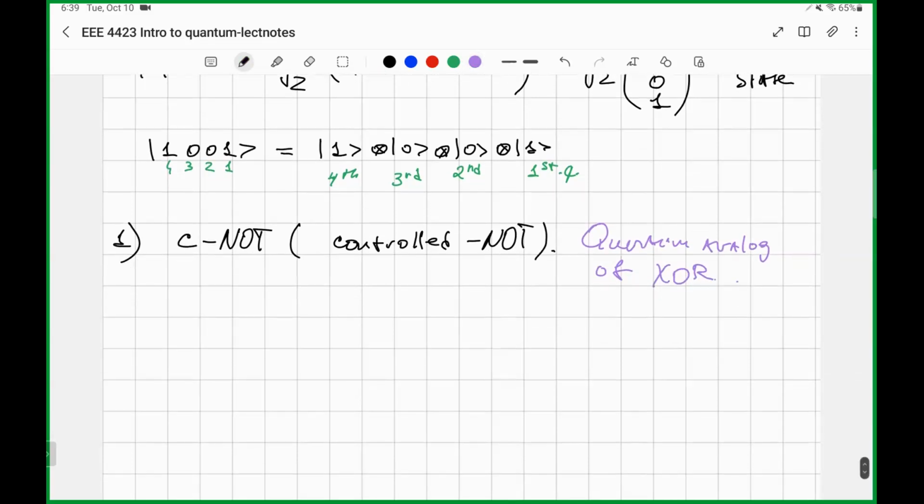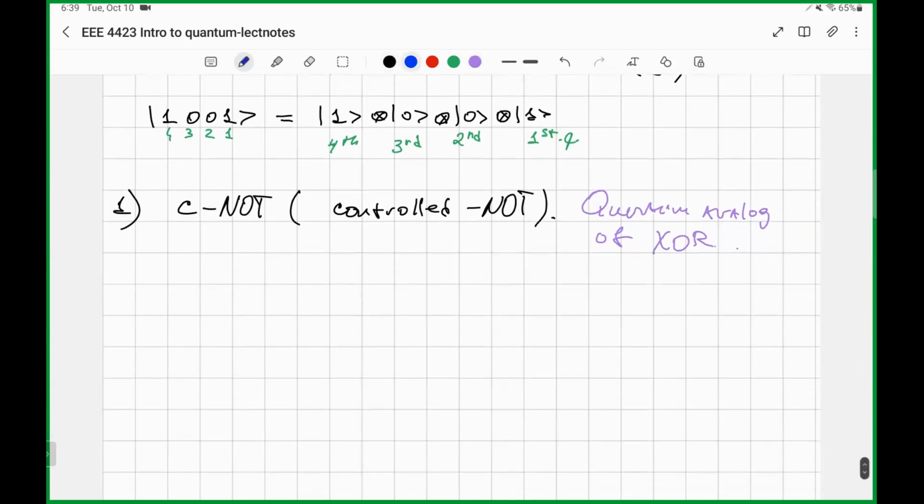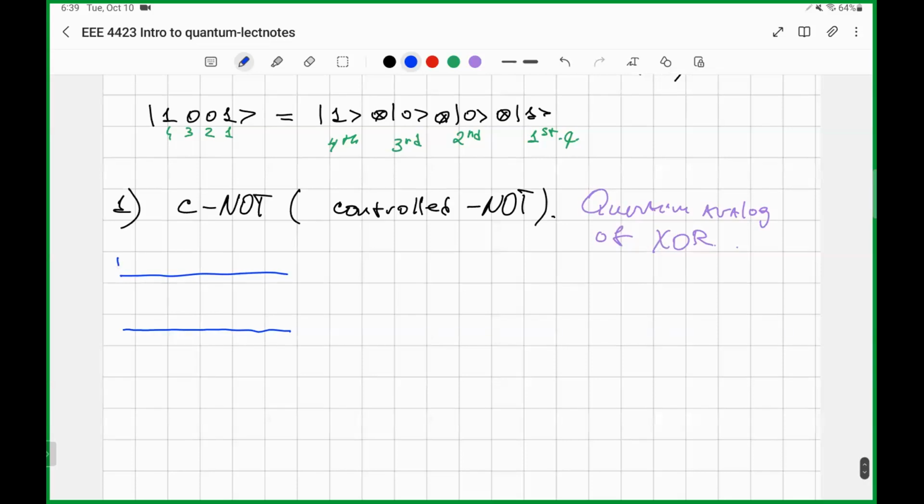It is denoted by, so now we use 2 qubits, so I need to draw 2 lines. One represents the first qubit, the second represents the second qubit. And this CNOT is given by an element like this.